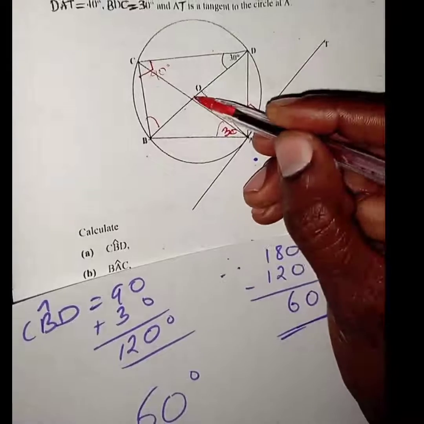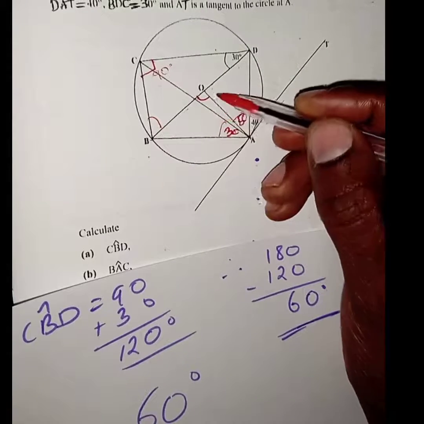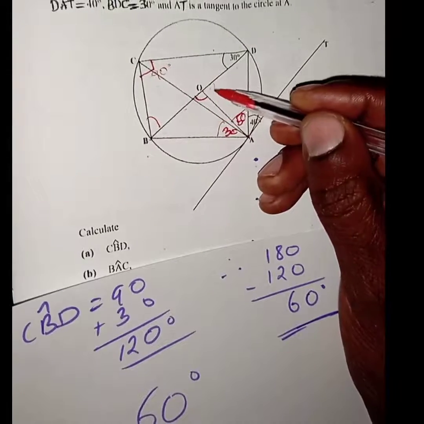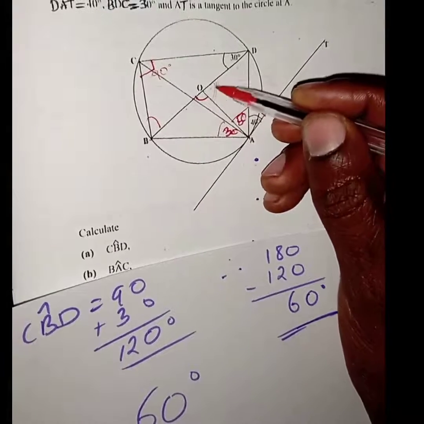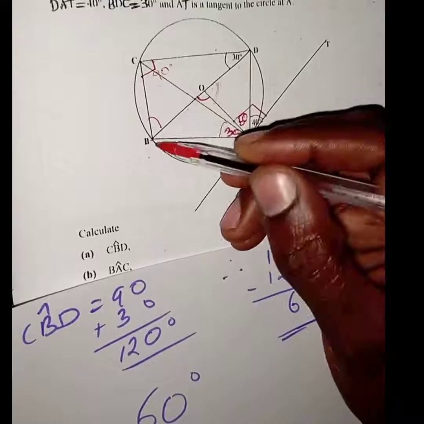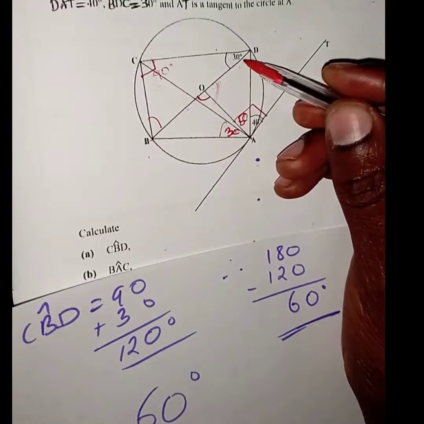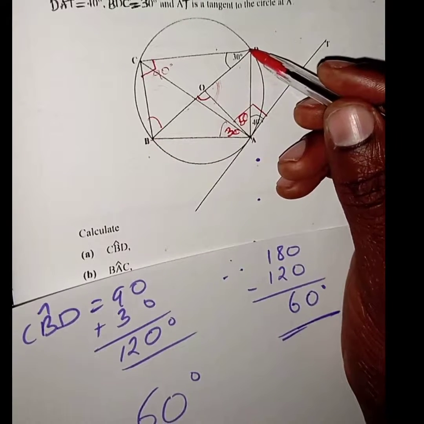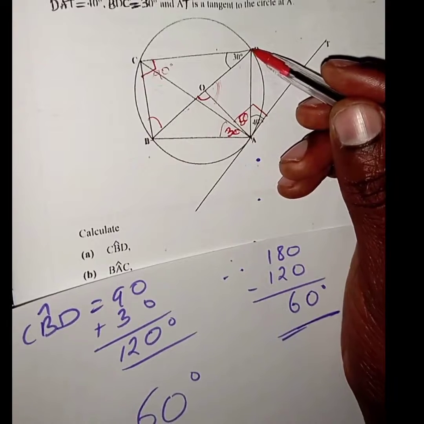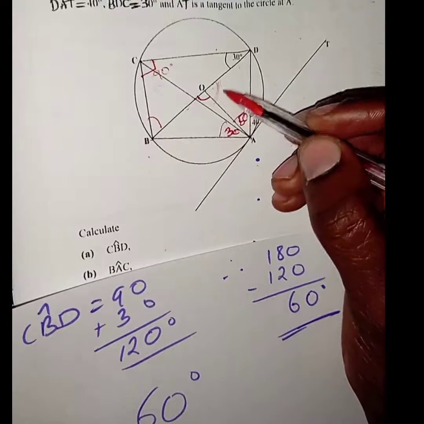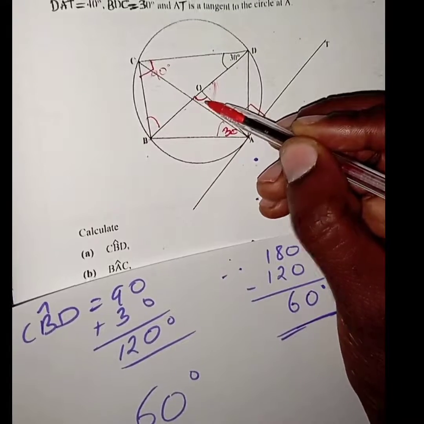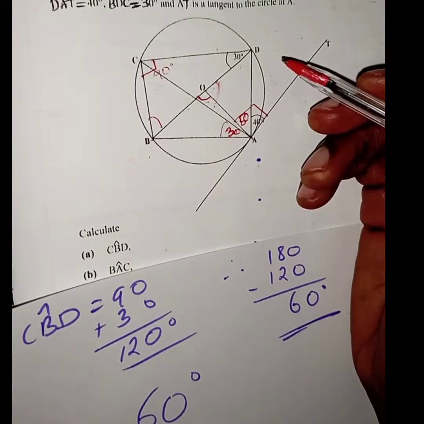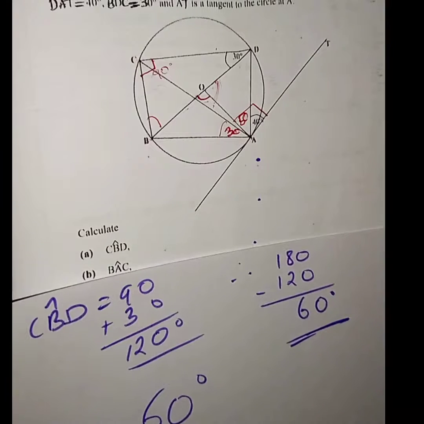First of all, for us to know this angle, we must know the other angle here. So that when we know this angle, we know this is a straight line. We simply do 180 because angles on a straight line are supplementary. So you subtract the one that we're going to have here from 180 to get this one. Then it will be easy for us.